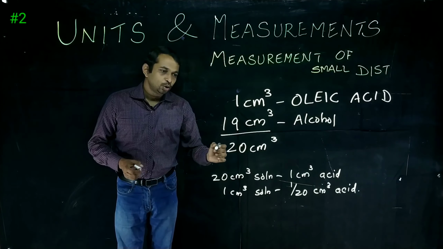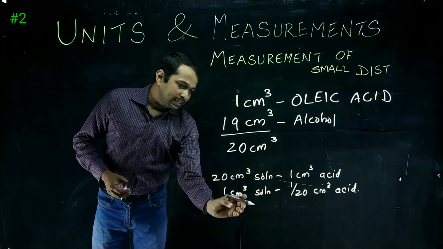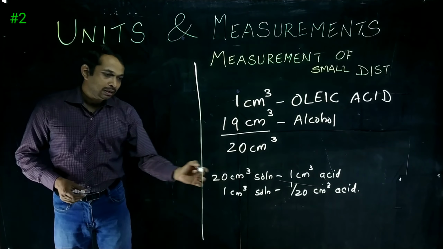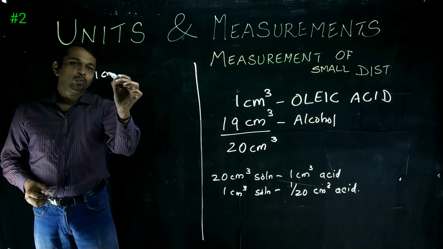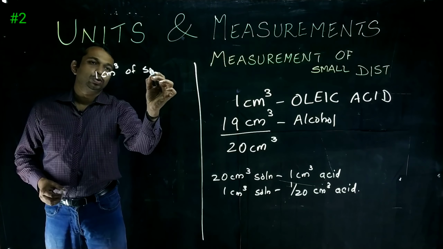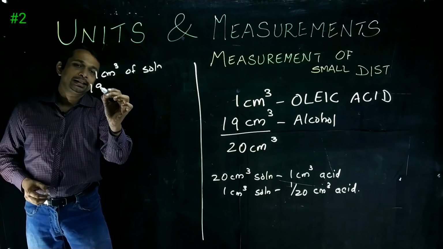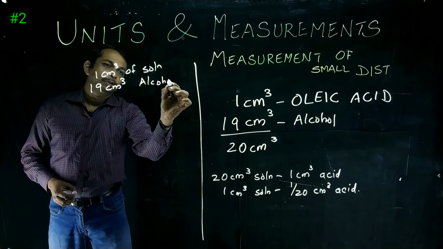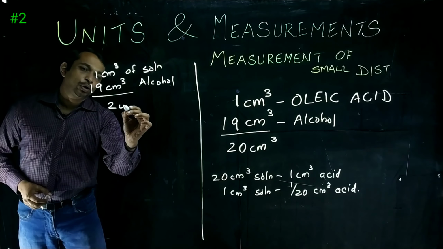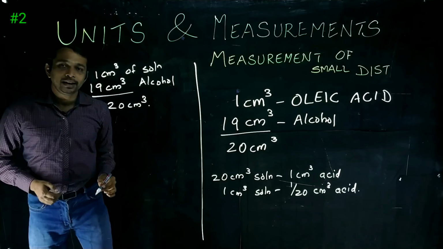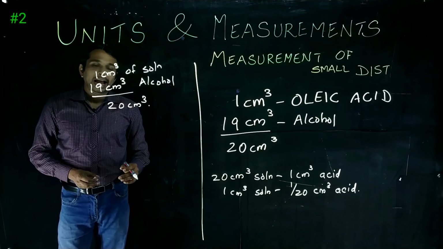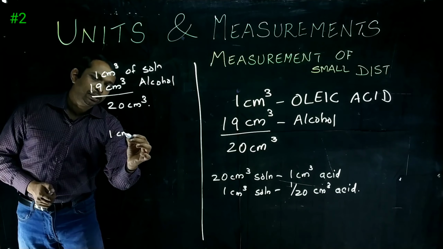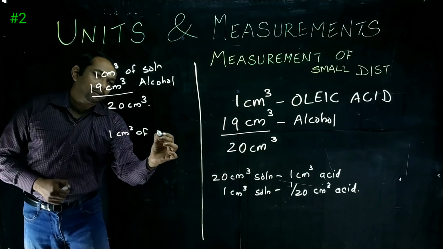Right? So we are taking 1 centimeter cube of this solution and we are putting another 19 centimeter cube of alcohol in it. So again we have 20 centimeter cube, but here the strength of the acid is less, right? So how much will be in 1 centimeter cube of this second solution?